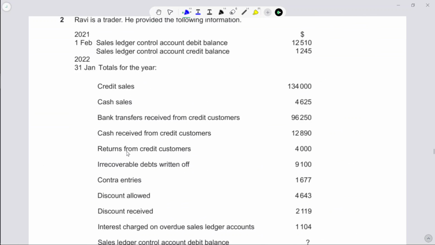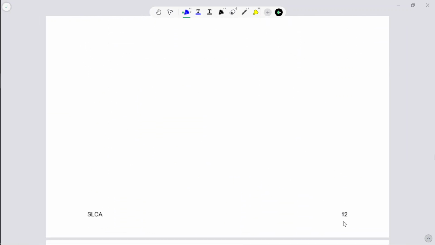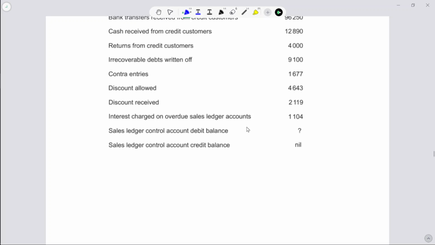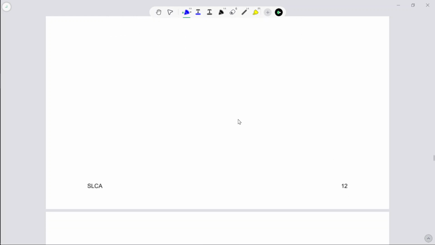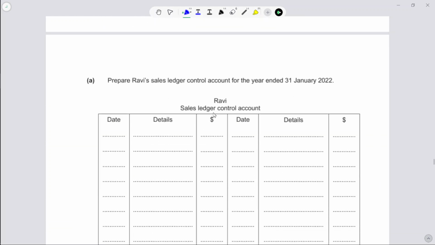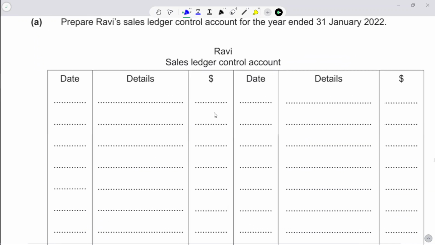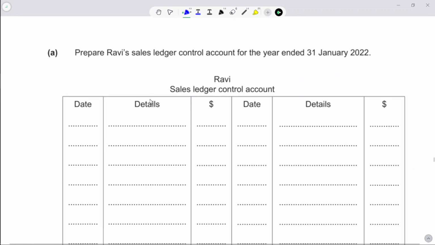Okay, now let's go to page 12. Let's see what he wants us to do now. Oh, so he wants us to do SLCA. This one debit and this one credit.